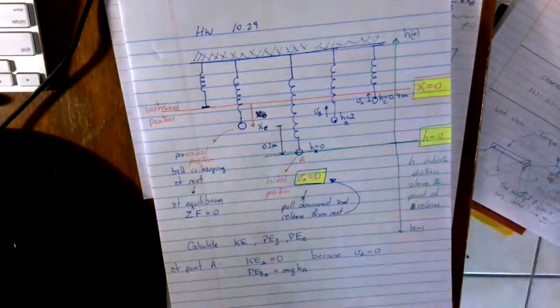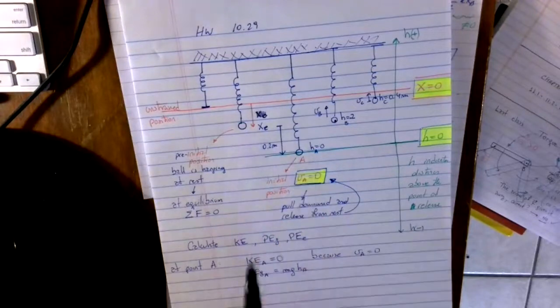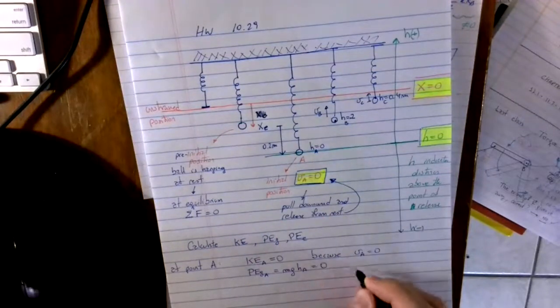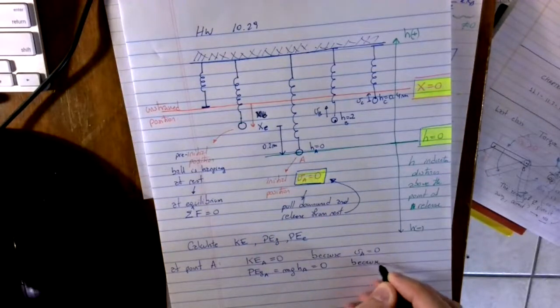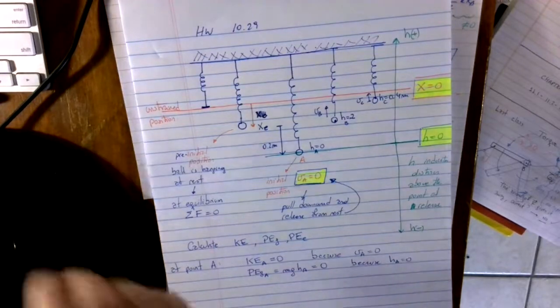If you do this correctly, everything else is relatively trivial because it's just a matter of coming here and saying, how much is the value of H at A? 0. Then this is actually 0, because HA is equal to 0, and that's what we put right here.